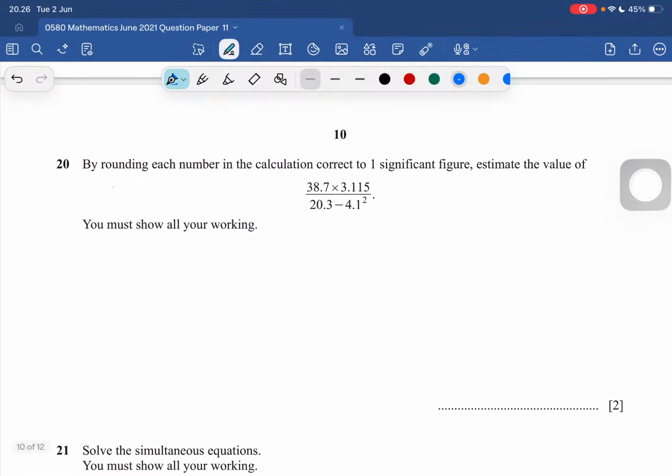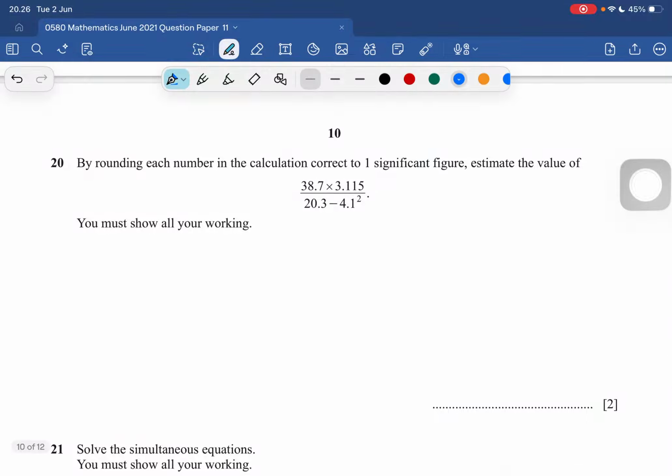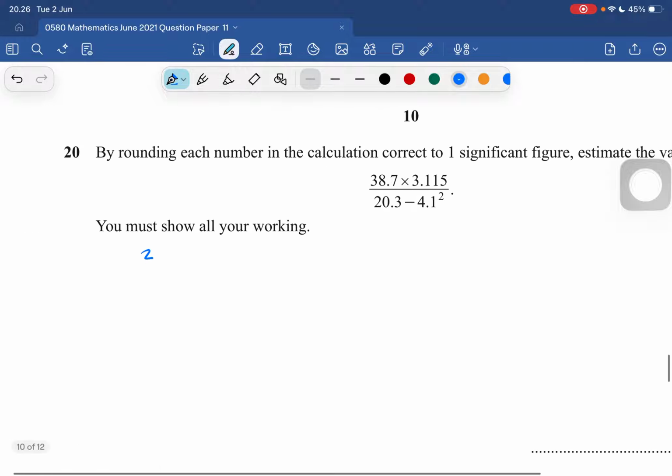Okay, next, by rounding each number in the calculation correct to one significant figure, we need to estimate the value. First we got 38.7. One significant figure here is 40. Next we got 3.115.